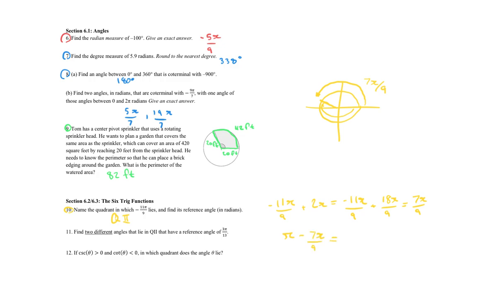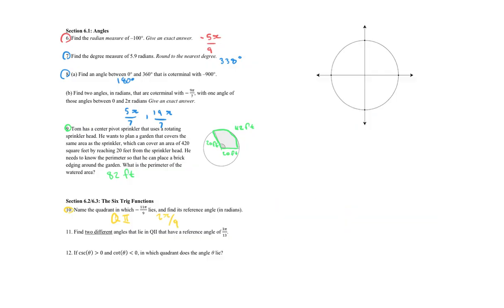We need a similar denominator, so we're going to make this 9 pi over 9 minus 7 pi over 9. So now we have that our reference angle is going to equal 2 pi over 9, which represents just the distance from here to here. So 2 pi over 9.